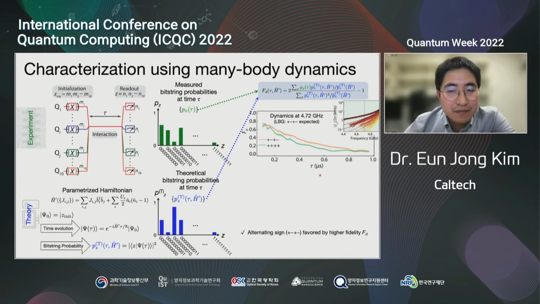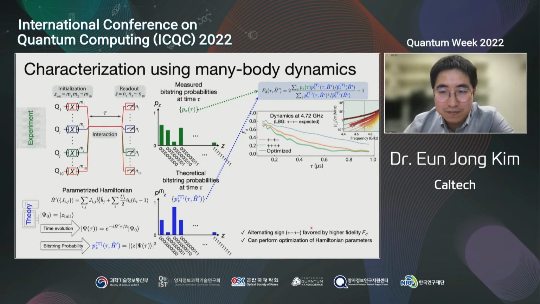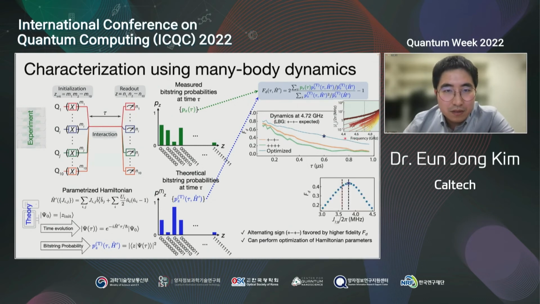Following the same procedures, we can even perform optimization of Hamiltonian parameters with FD as a cost. And this gives this blue curve. Here, the bottom right figure shows the dependence of the FD value as a function of a single hopping parameter before and after optimization during the optimization procedures.